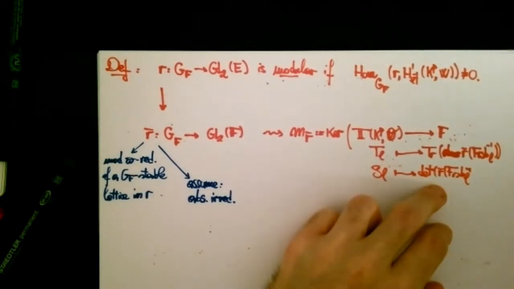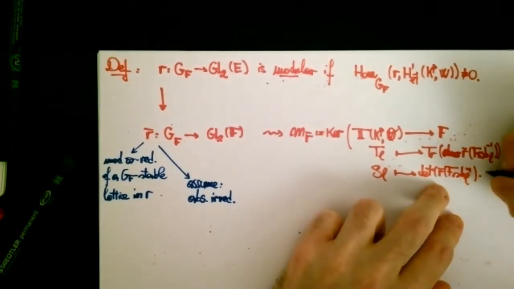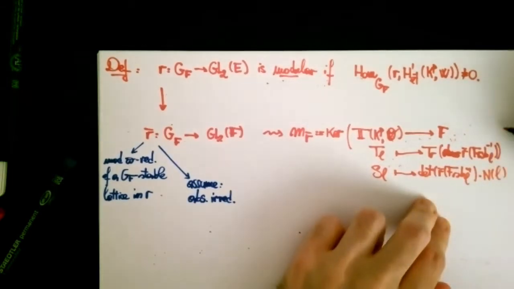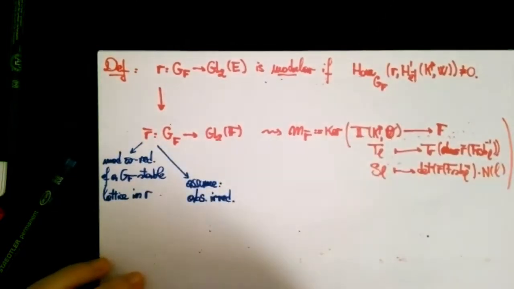Here we also have to multiply by the norm of the prime L.